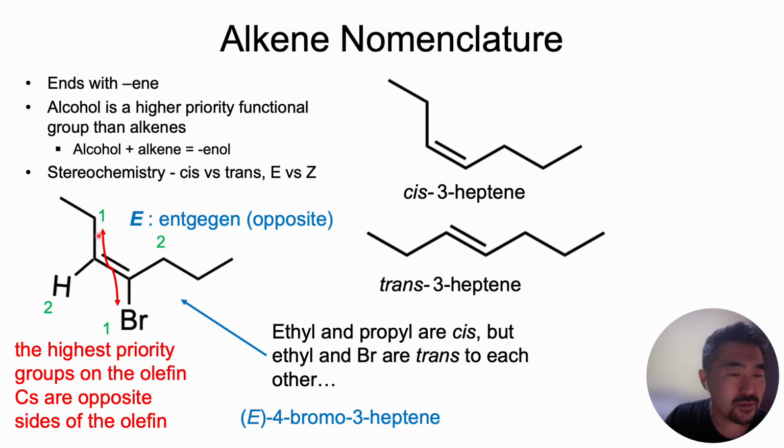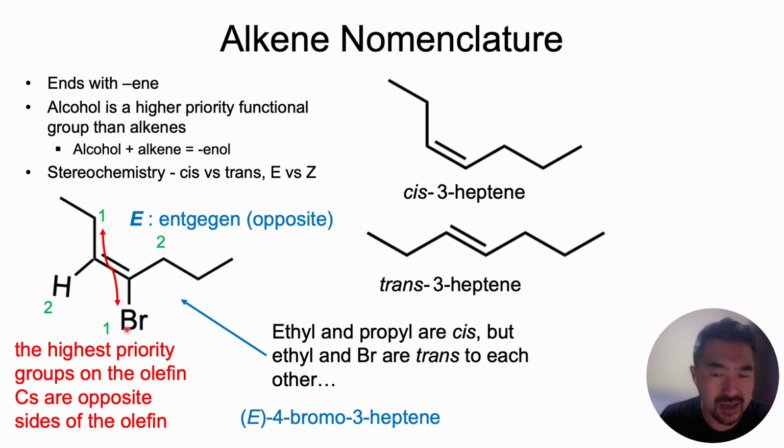On this carbon, it's pointing that way. On this stereocenter, it's pointing this way. They're on opposite sides of each other. Hence, we'll call this Entgegen, and that's a product of back when organic chemistry was mostly developed in Germany, as opposed to, say, the United States in the 1800s.